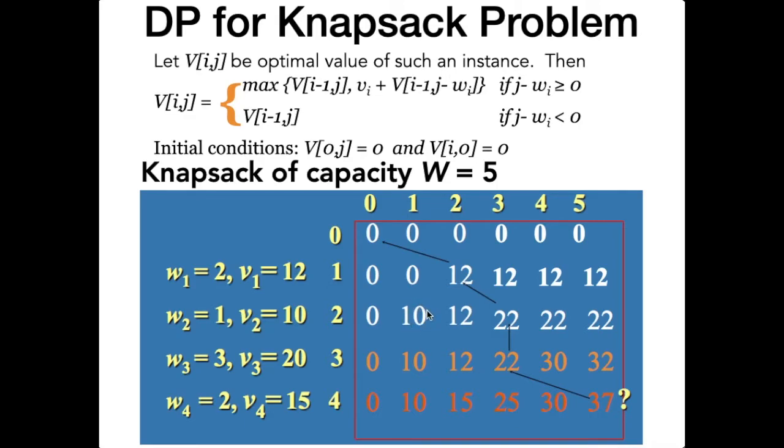So, in this case, the question is, let's check the weight of item 2, which is w sub 2. We have a capacity of 1. Okay? It fits now, unlike earlier when it did not. So, it goes to this condition. Since it fits, we need to compare the one above, that is 0, or 10 plus 0. Okay? So, the answer here is 10.